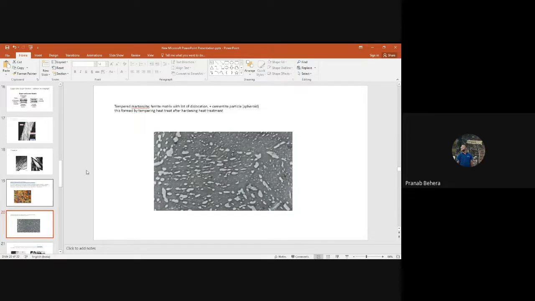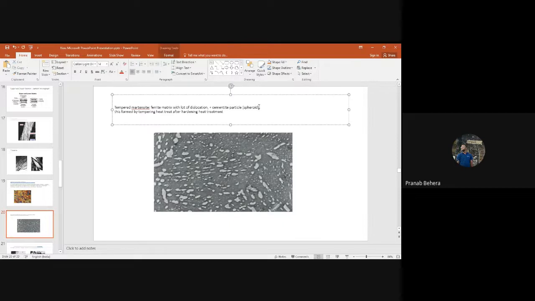So tempered martensite, if you understand, ferrite matrix is a soft phase or a hard phase? Soft. What about cementite particles? What about cementite particle nature? Brittle. Yes. So it is hard and brittle. Which one is most important? They have taken a spheroidal form.